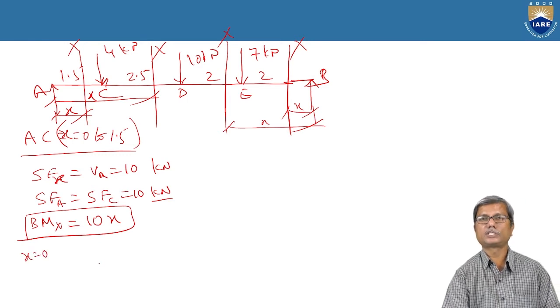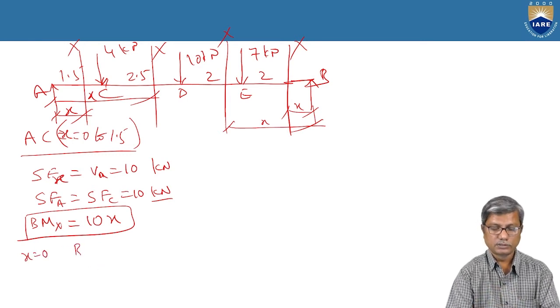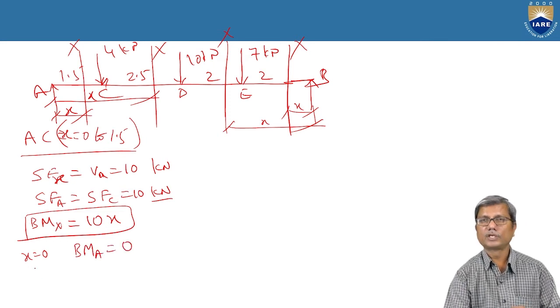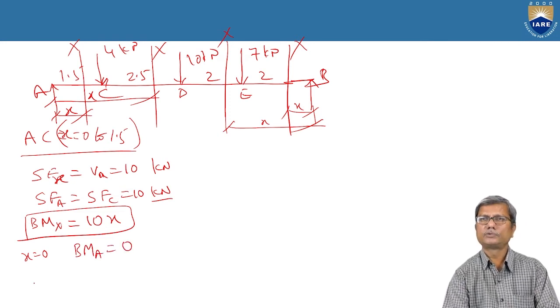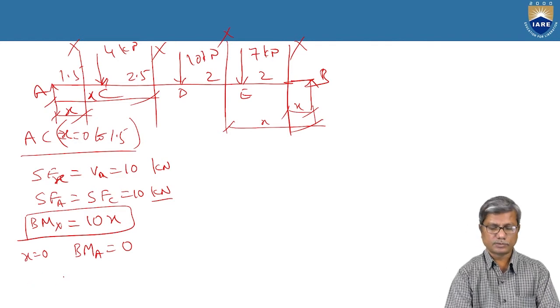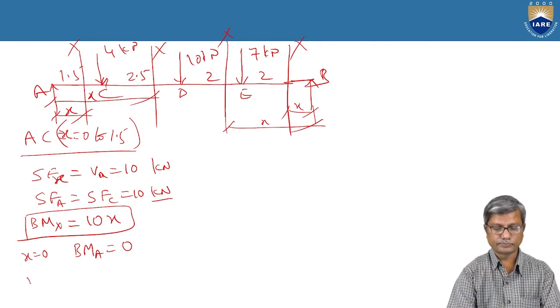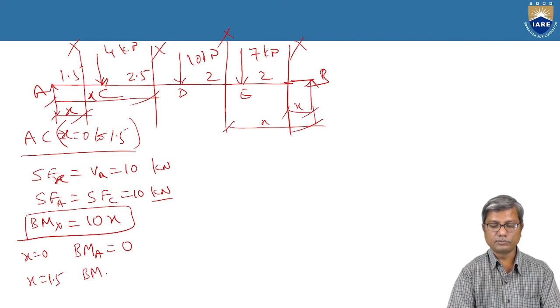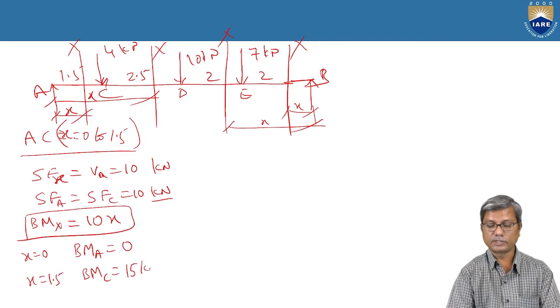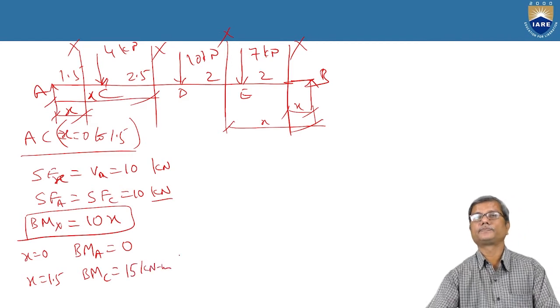We substitute x equal to 0 and get bending moment at A, which is 0. As I told you, at supports of a simply supported beam, the bending moment will be 0. And at x equal to 1.5, you will get bending moment at C, which is 10 into 1.5, that is 15 kilonewton meters.